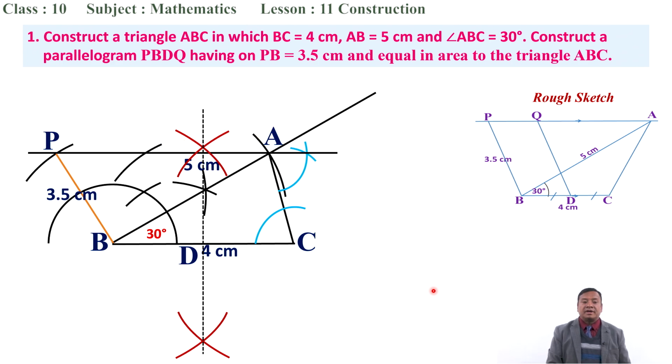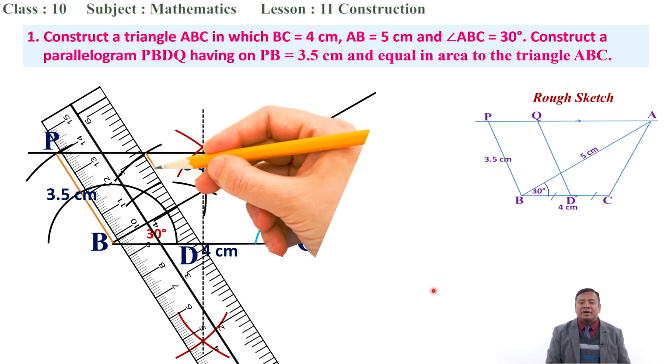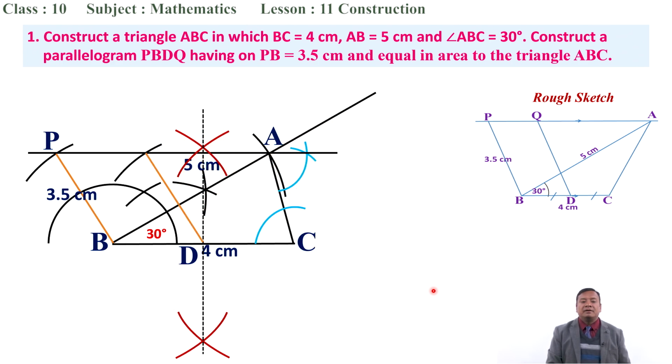And then you can join this point first, and name this Q according to this rough sketch. Now look carefully, here is the triangle ABC and the next one is parallelogram PBDQ, right?